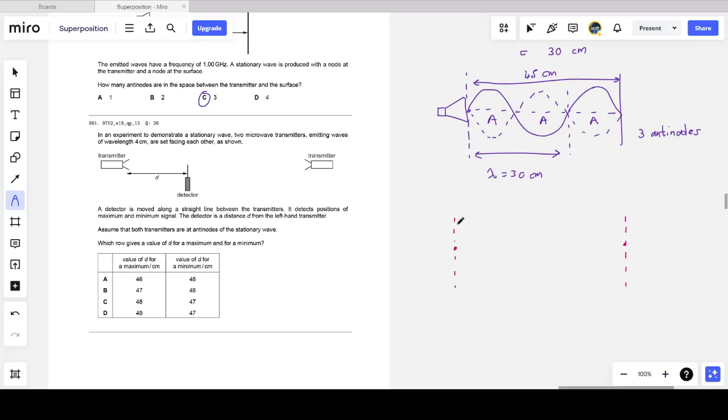So let's assume I don't really know how many waves there are, but I start with an antinode, and let's move this point again a little further. We have more waves here. And let's assume that at the right-hand transmitter I have another antinode.